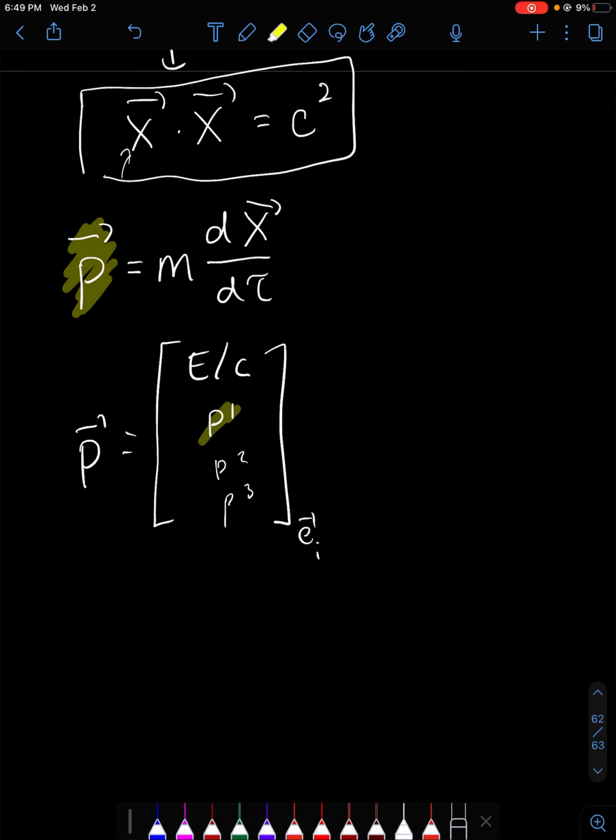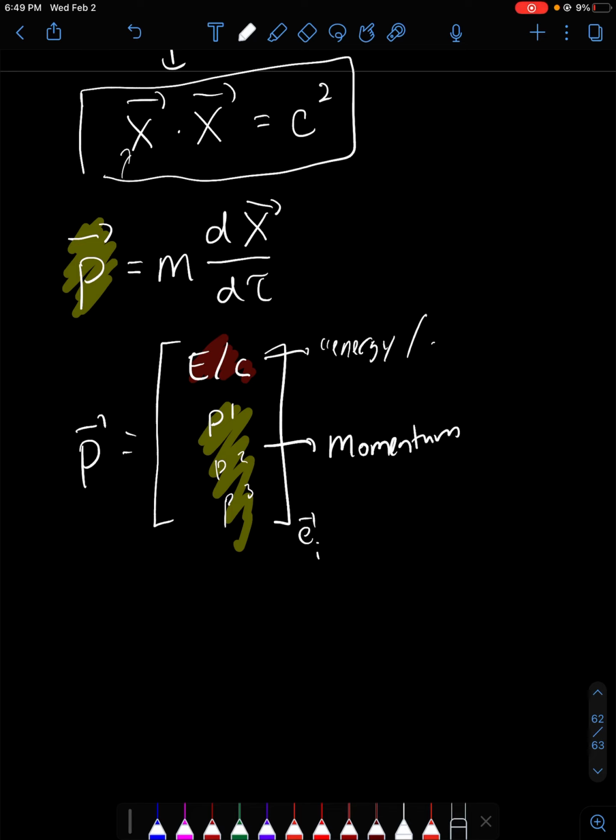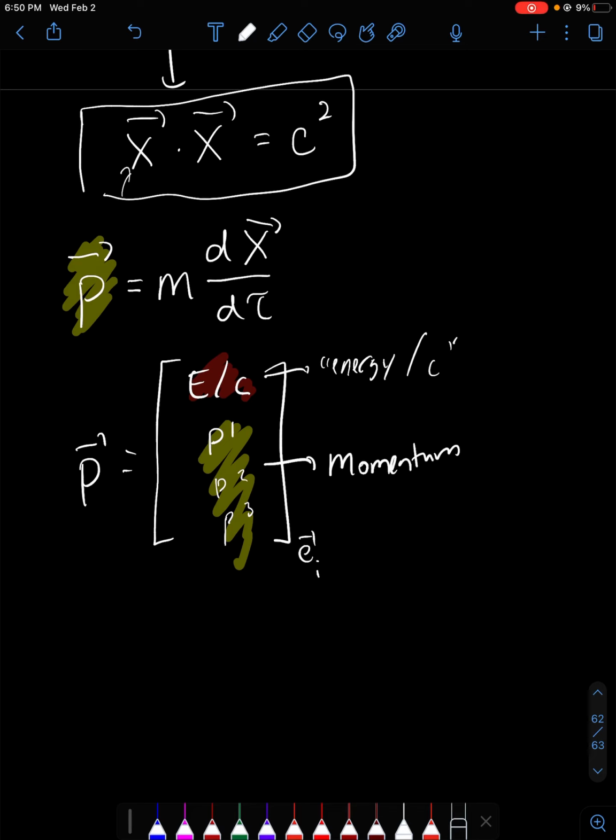Now these bottom three components correspond to the actual momentum of the particle. However, the first time entry corresponds to the energy of the particle divided by the speed of light.